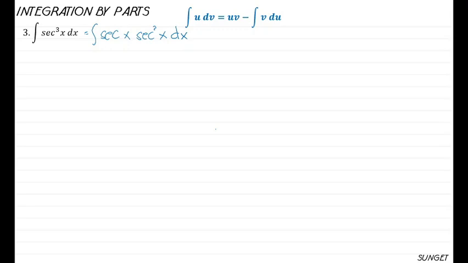So if we let u equal to secant squared x and dv part as secant x dx. Differentiate the u part. So du is equal to 2 secant x times derivative of secant x, so secant x times tangent x dx.